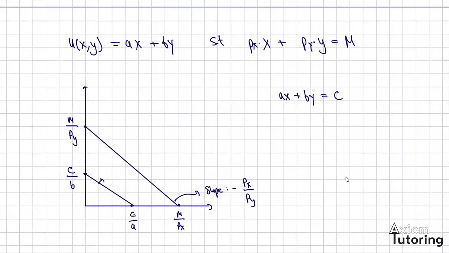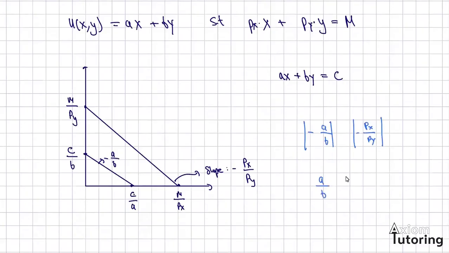What's going to be the slope of this indifference curve? It's going to be A over B, negative, since it's a negatively sloped indifference curve. So minus A over B is the slope of the indifference curve, and minus Px over Py is the slope of the budget constraint. We generally care about the positive values, so we can take absolute values and simply compare A over B to Px over Py.